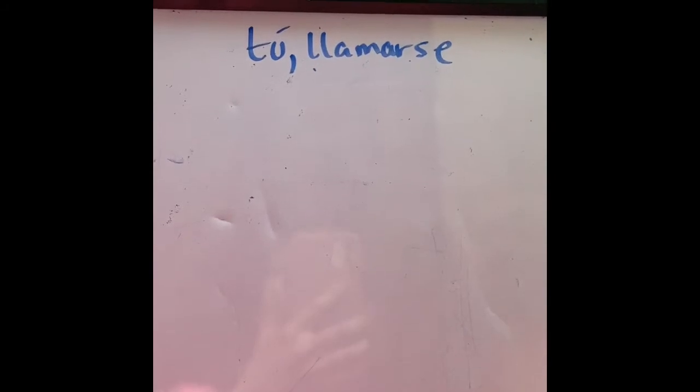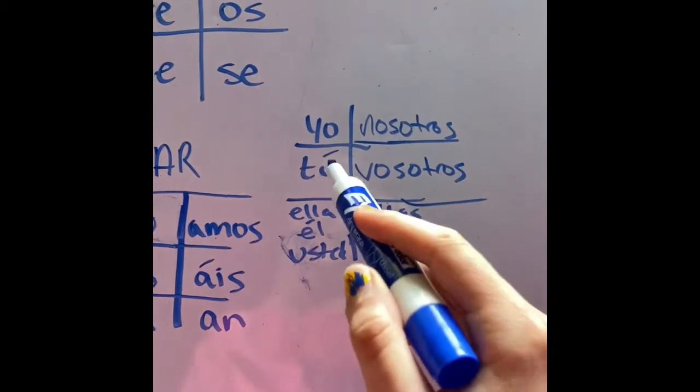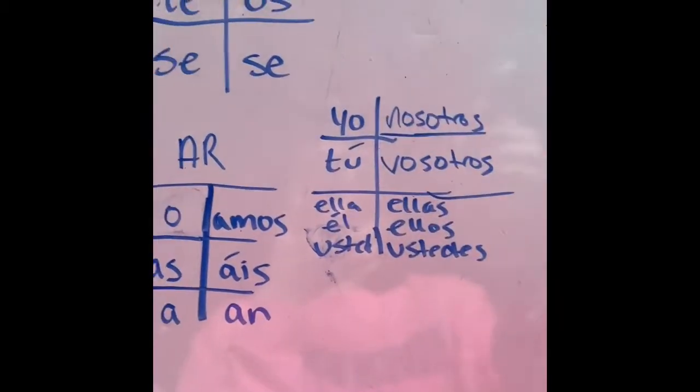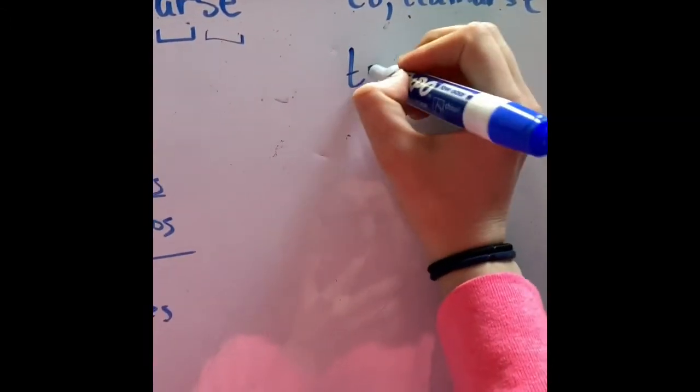So just for some more practice, let's say you want to conjugate llamarse in the tú form, so you call yourself. You start off with the se, you want to work with that first. You find it on the chart, tú, middle left. So the se is going to turn into te. So you start off with te.